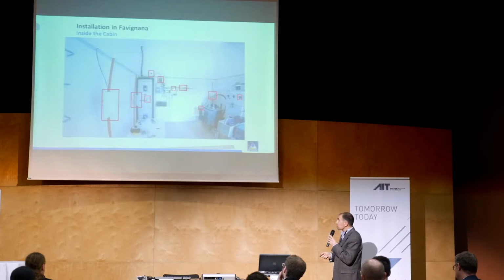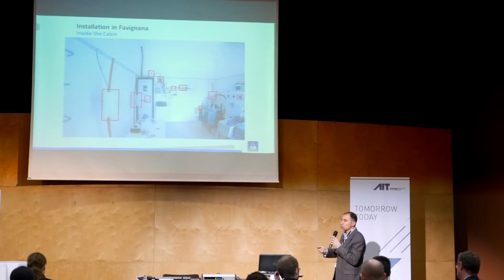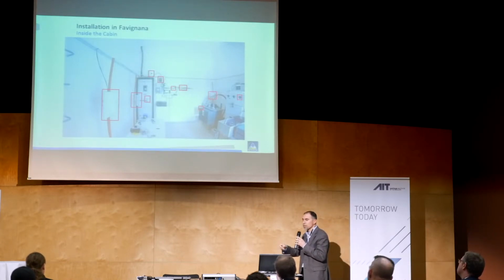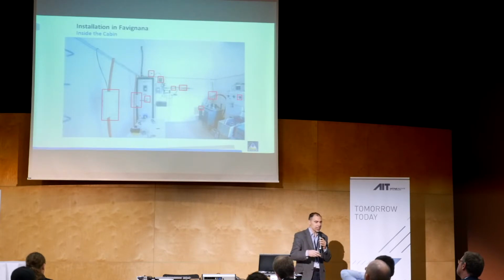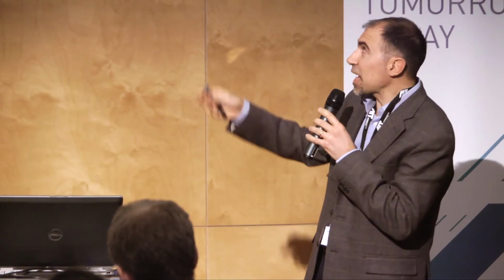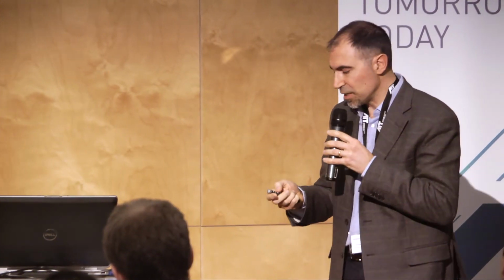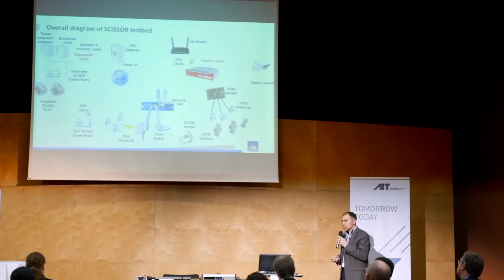And we also have a network monitoring system in which we can monitor the information which is exchanged by the SCADA supervisor with the SCADA controlled element in this cabin.